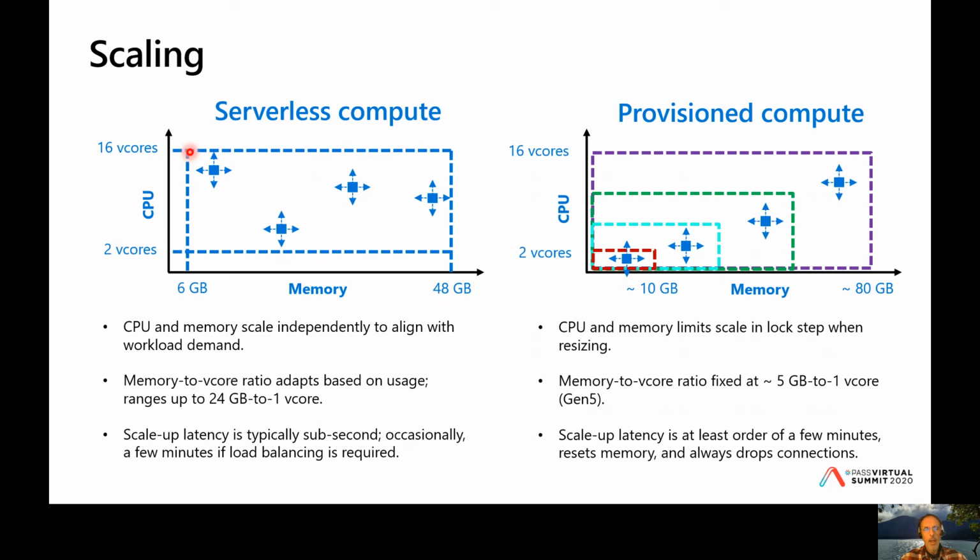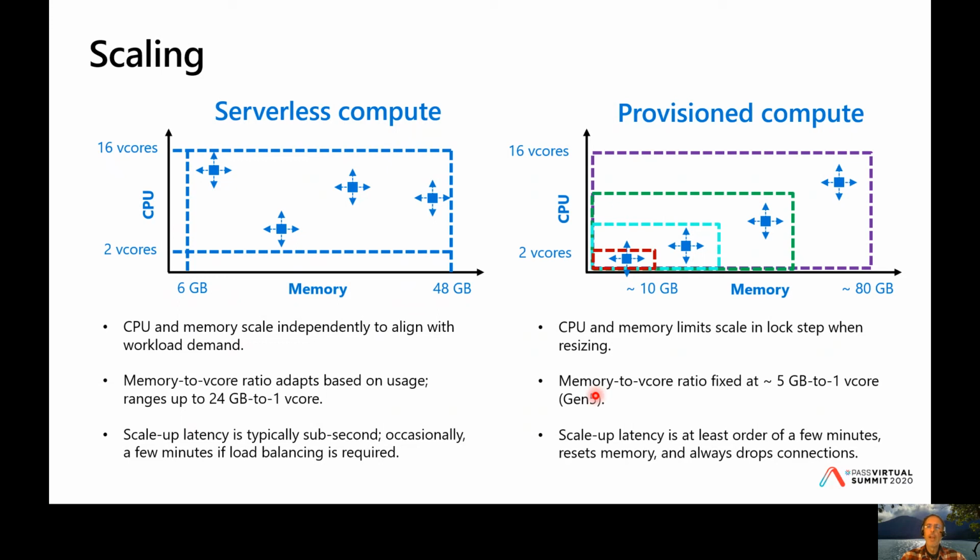Now, if I compare the picture of rescaling in serverless with rescaling in provisioned compute, it's a very different world. In provisioned compute, the burden is on the customer to specify up front what the compute requirements are for their workload. So suppose I've determined that my database needs 2 cores.